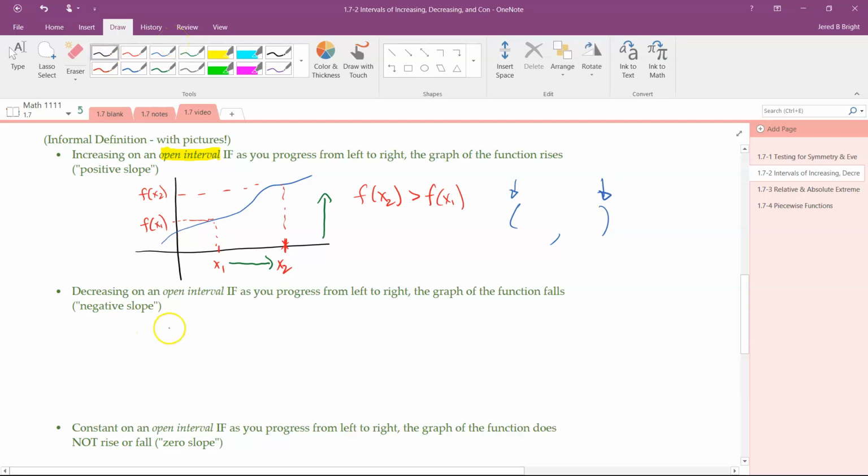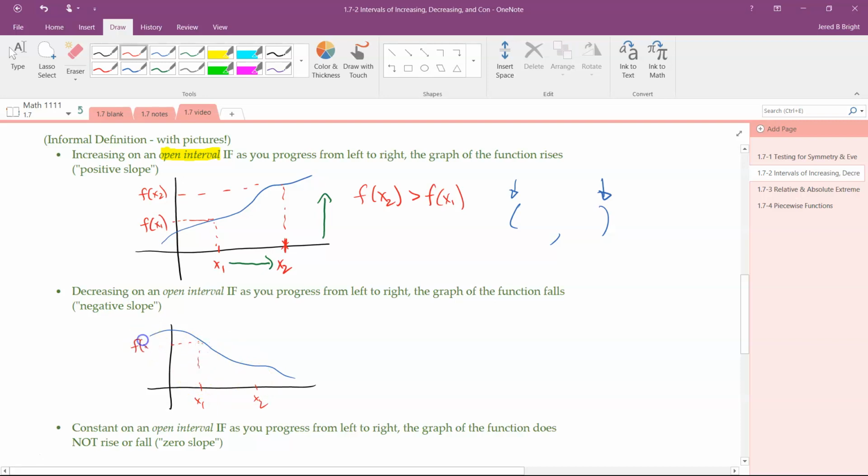I digress. Now here our function changes a little bit. We have something like this. Let me do a little bit better job there. Again, we have x1, x2, and now we look at their associated y values.